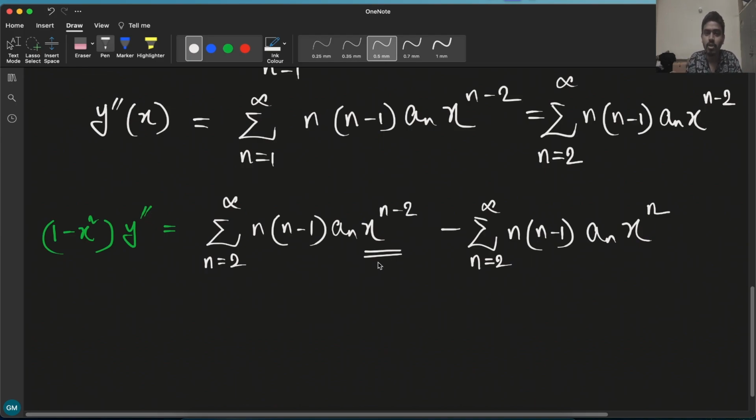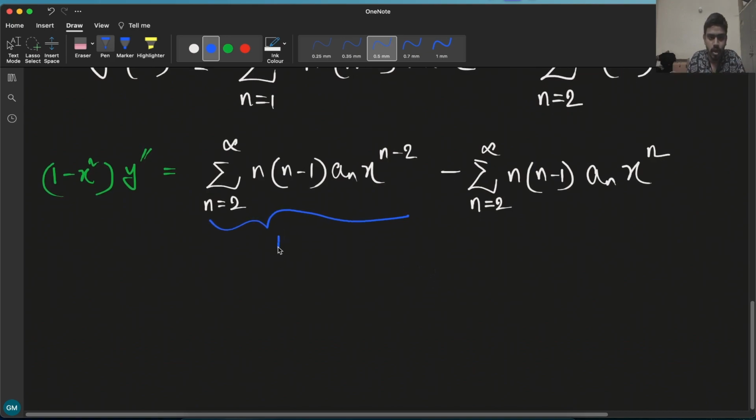So we need to do an index shift and make it a term where x has a power of n. So now we will only look at this term. This term I'm keeping as it is, don't bother about it.